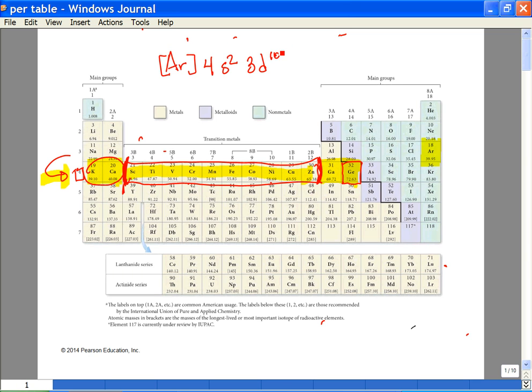So that's 10 electrons, 3d10. Now we go back up to energy level 4, and we've got 2 p electrons. Alrighty.